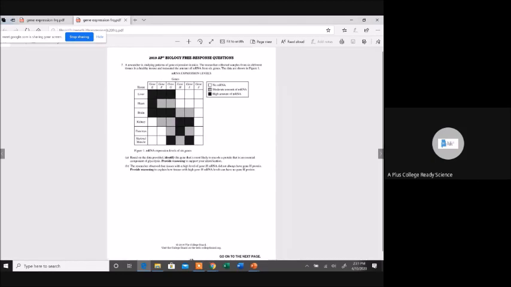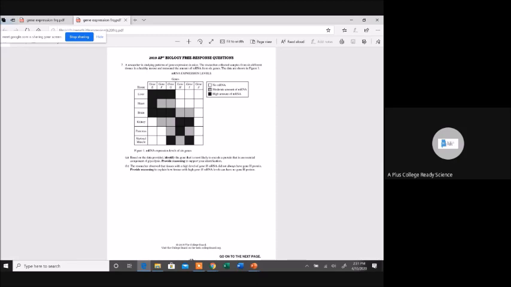And notice we've got gene E, gene F, gene G, gene H, gene I, gene J. And in these different types of tissues, liver, heart, brain, kidney, pancreas, skeletal muscle, we have essentially a measure of how much mRNA there is from those genes. And notice if it's dark black, that means there's a lot of mRNA from that gene. If it's gray, there's some. And if it's white, none.